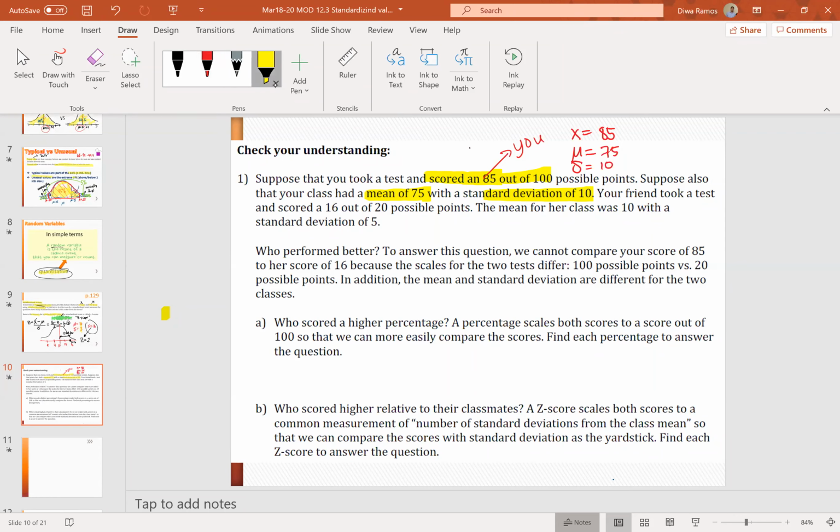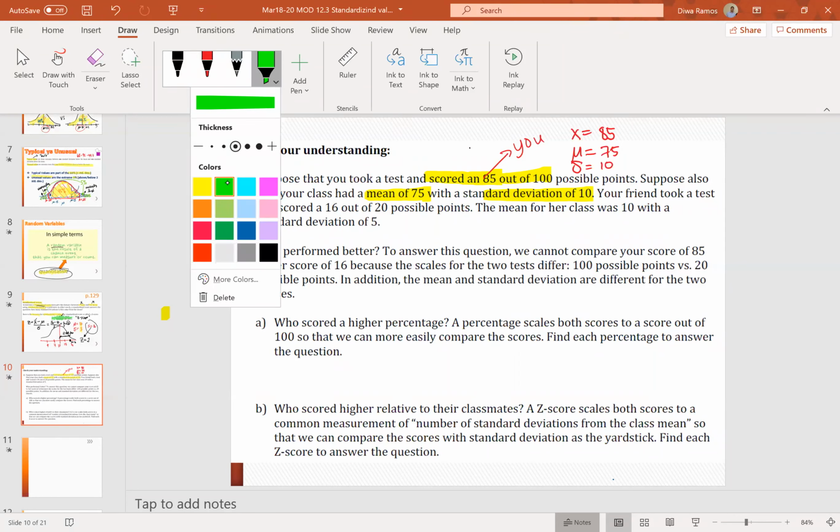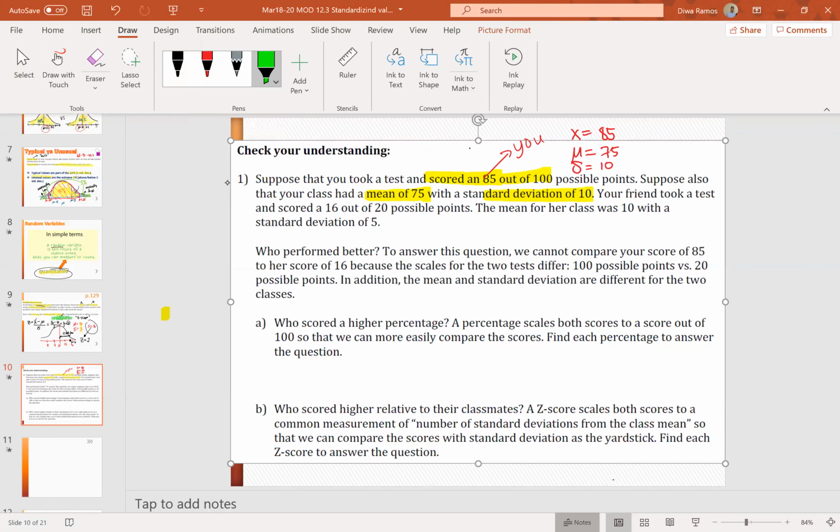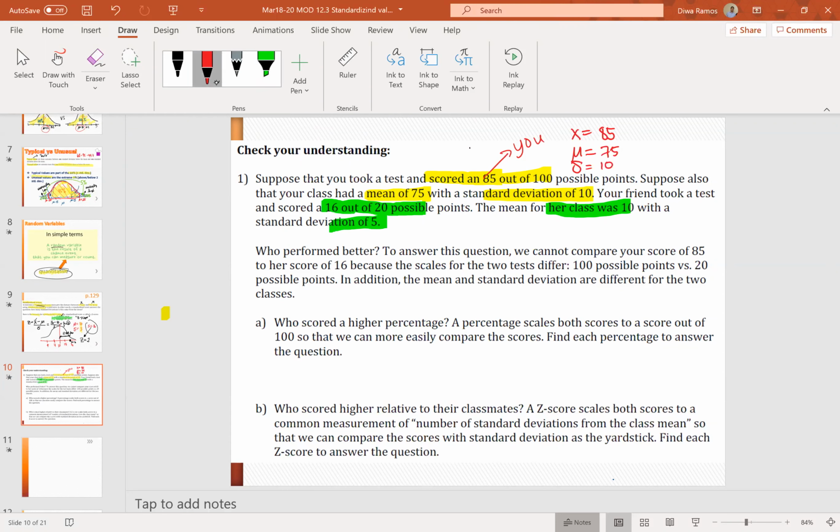Now you have a friend who took a different test and scored 16 out of 20. So definitely not the same test as you did. The mean of the class for your friend is 10 and the standard deviation is 5.